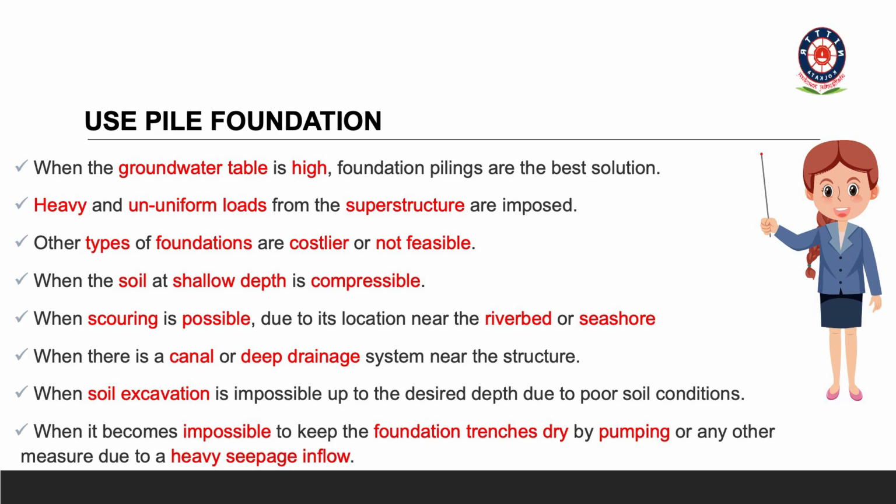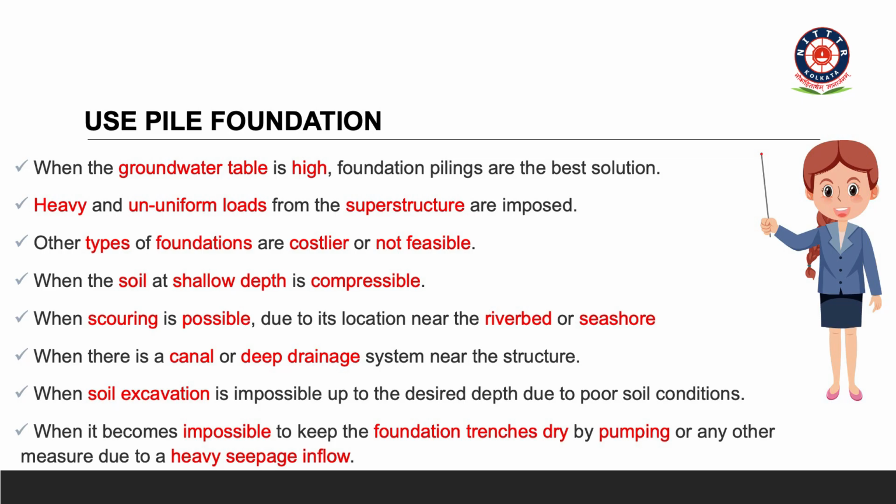In that condition, the pile foundation is the best solution. Also when heavy and non-uniform loads from the superstructure are imposed, piling is the best solution. And other types of foundations are costlier or not feasible, like a mat or raft foundation. Instead of excavating the entire area, the best economical solution is piling.